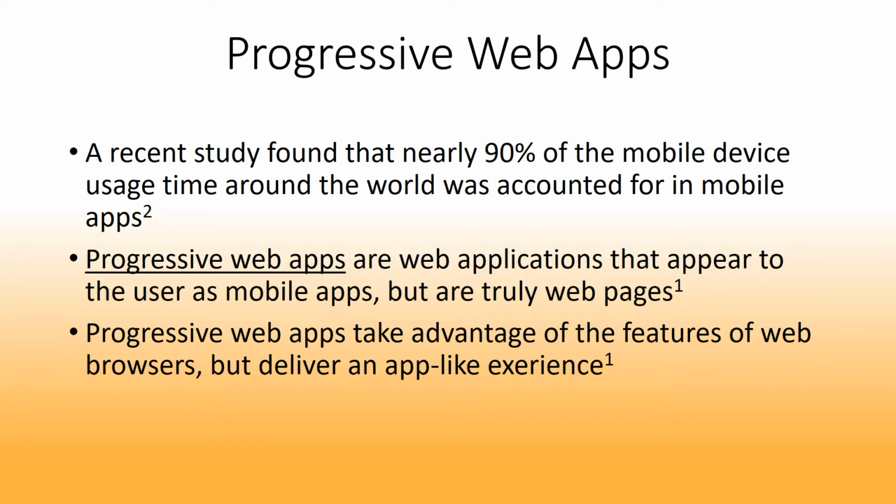So a progressive web app, rather, these are web applications that appear to the user as a mobile app, but it's really, truly a web page. And what this does is it takes advantage of the features of a web browser, but then it delivers an app-like experience, which obviously is what most people want. They want to be using a quote-unquote app. So these progressive web apps are taking advantage of that in order to enable users to still be able to come to their web page.